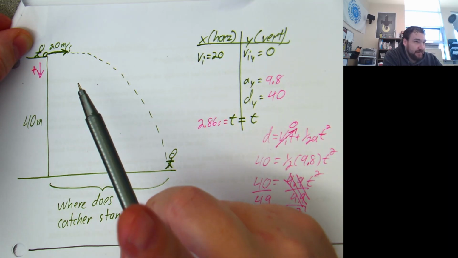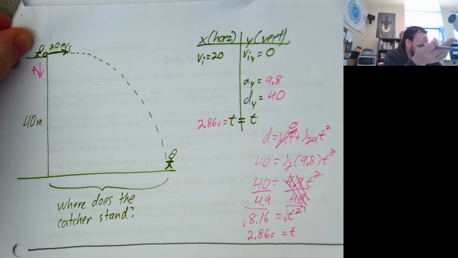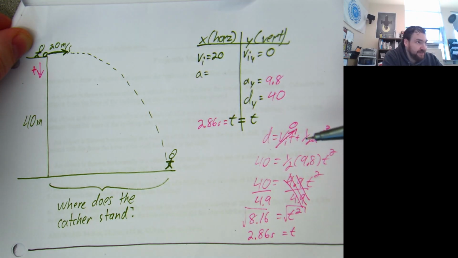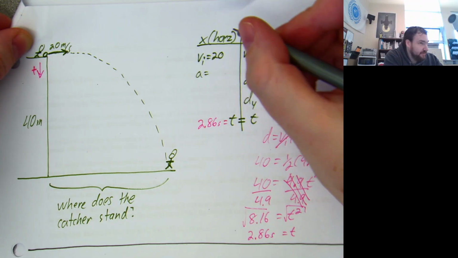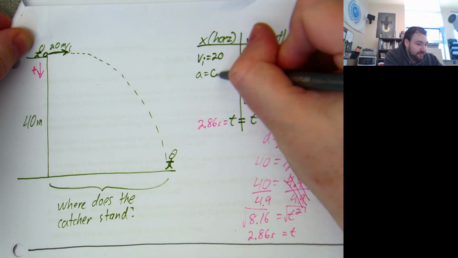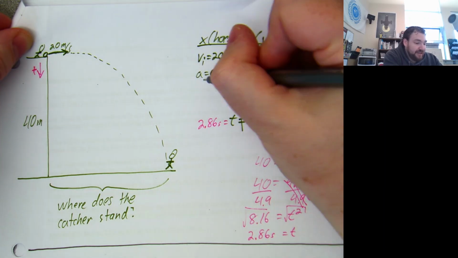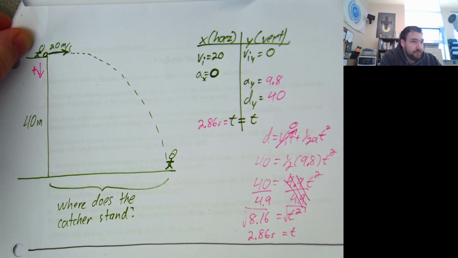After the kick, the ball is just going to fly through the air. So acceleration in the x direction has to be always 0. There's nothing slowing it down. It will move at whatever speed it's thrown.